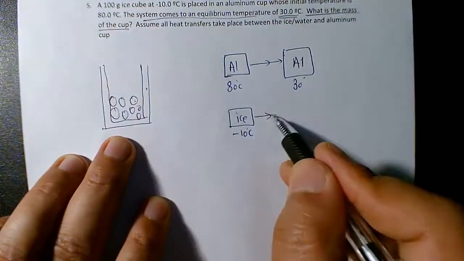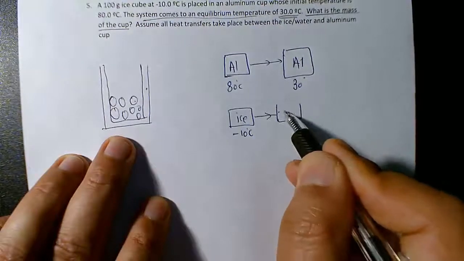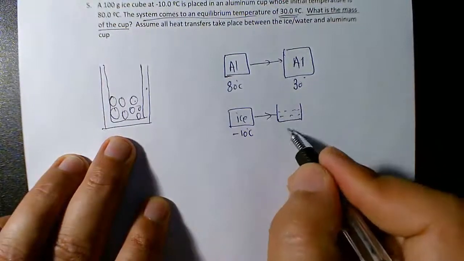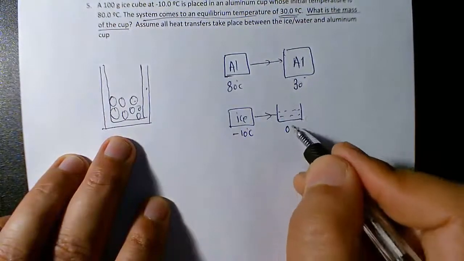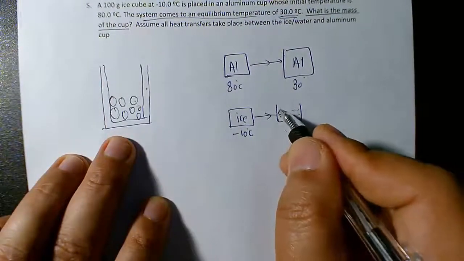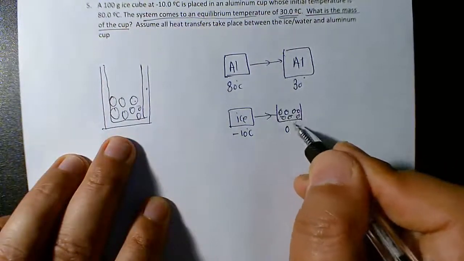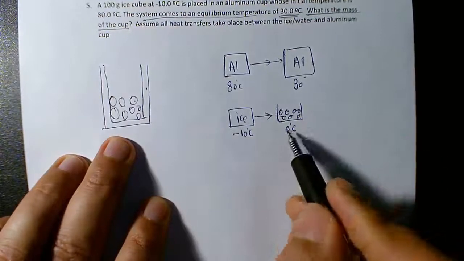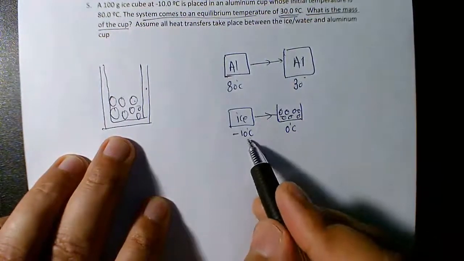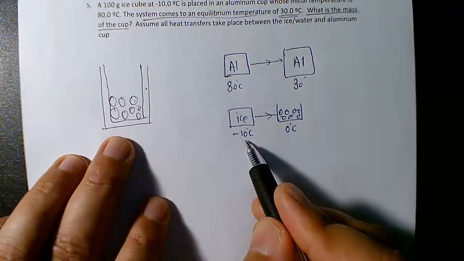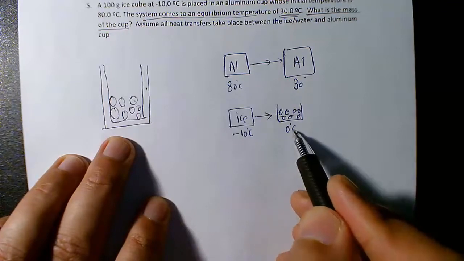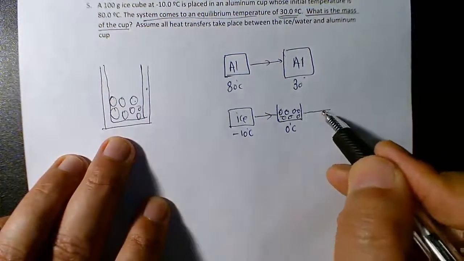First the ice cube will go from below freezing point, negative 10 degrees Celsius, to 0 degrees Celsius, and then the ice will melt.